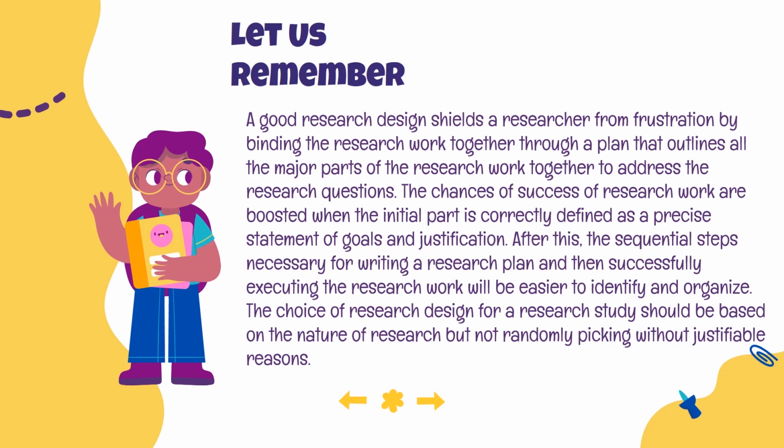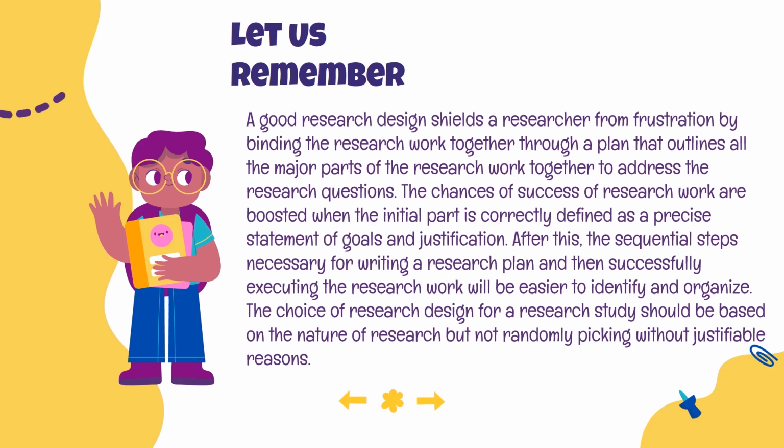After this, the sequential steps necessary for writing a research plan and then successfully executing the research work will be easier to identify and organize. The choice of research design for a research study should be based on the nature of the research, but not randomly picking without justifiable reasons.